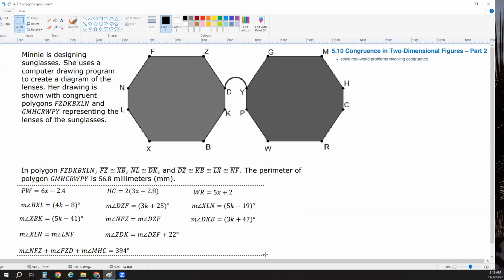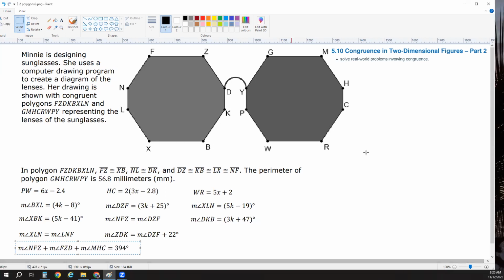That's how you're going to be asked those things. But I'm going to show you how to find everything, working the polygons as a set as a whole, given all different things.